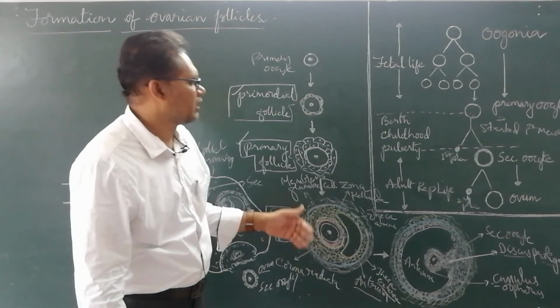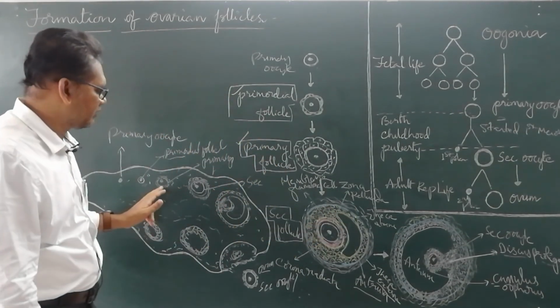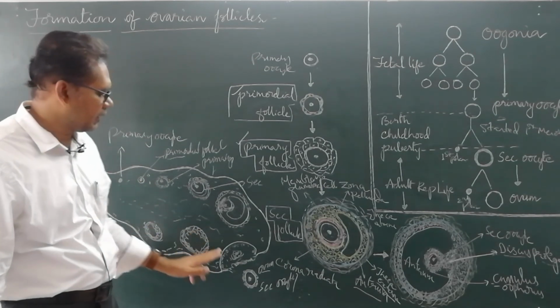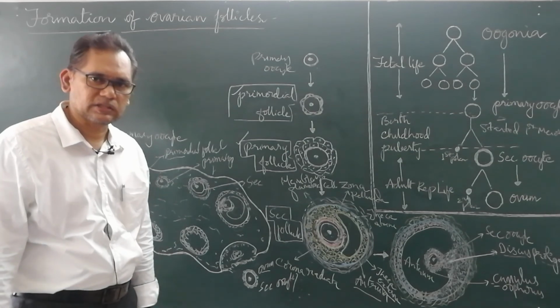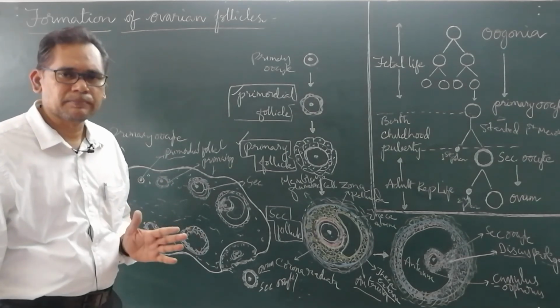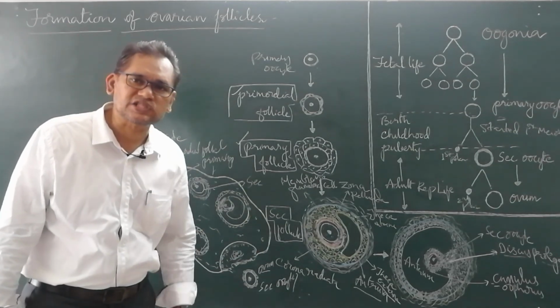These are the follicles formed from the primary oocyte up to the secondary oocyte, in the Graafian follicle. Is it clear? Okay. This is how the formation of Graafian follicles takes place.